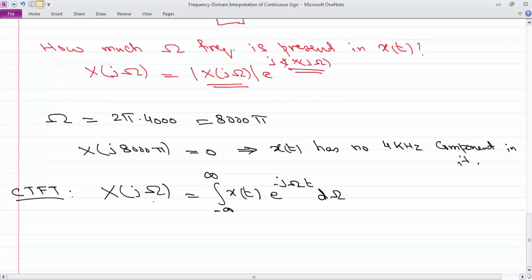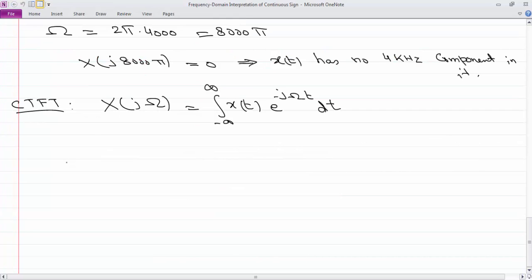When you compute this, you are effectively computing the components of the signal that correspond to frequencies omega. You look at x of j omega, and every capital omega tells you how much omega frequency is present in your signal. So the Fourier transform gives a frequency view of the signal. So this should have been dt.